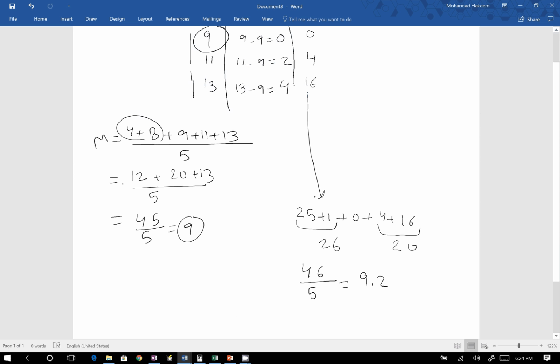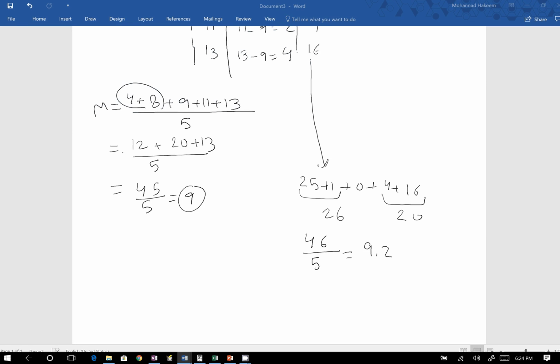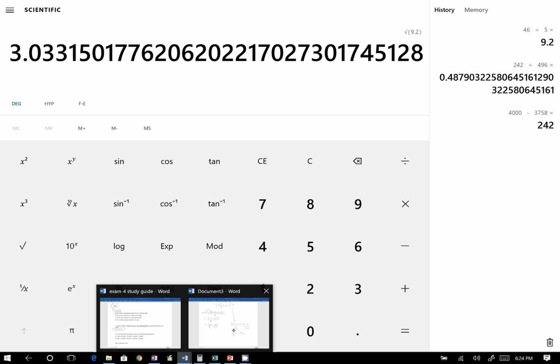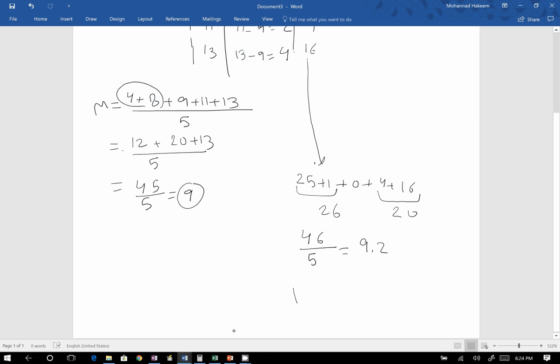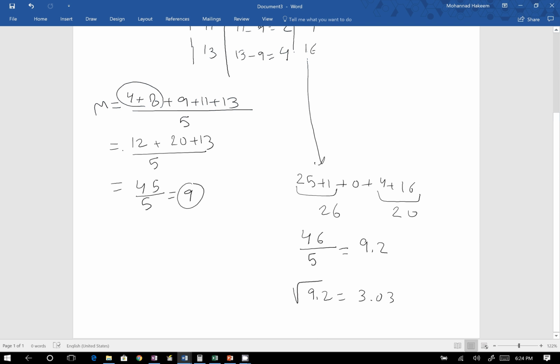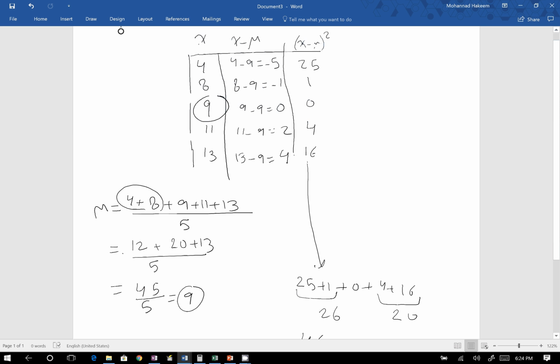Now what I need to do is calculate the square root of this quantity. The square root of 9.2 is 3.03. So that's my answer, showing all the work, that's my standard deviation. If I want to just visualize how these points look, I have 4, 8, 9, 11, 13.